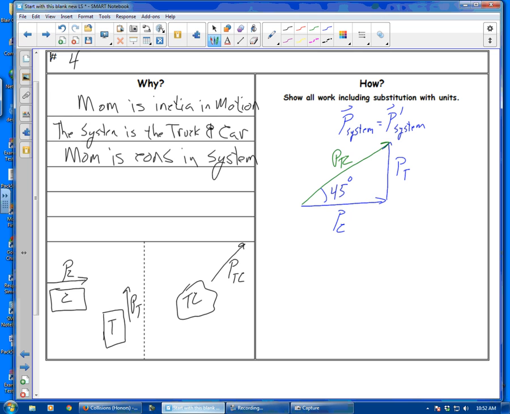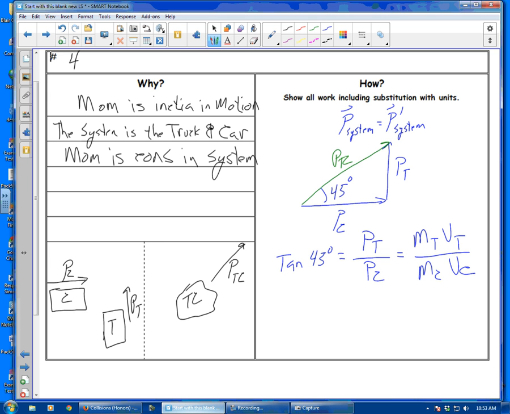So I want to figure out the inertia of the truck, the momentum of the truck. Excuse me. So I'm going to start off by saying that using SOHCAHTOA, tan of 45 degrees equals opposite, momentum of the truck, over adjacent, momentum of the car. And I can break those down into the inertia of the truck, speed of the truck, over inertia of the car, speed of the car.